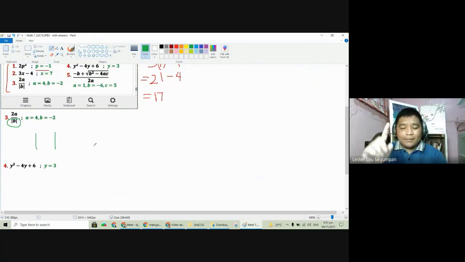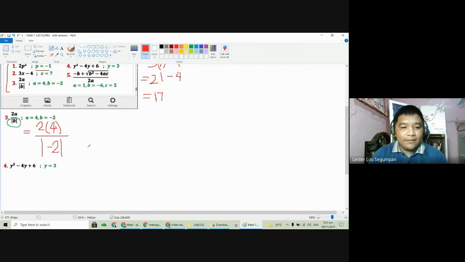First, substitute the values. Now here we have two different variables, a and b, and they have specific values. Do not interchange them. When we substitute the value for a, that's 2 times 4 using parentheses, and the denominator will become the absolute value of negative 2.